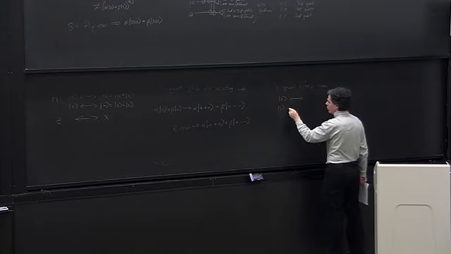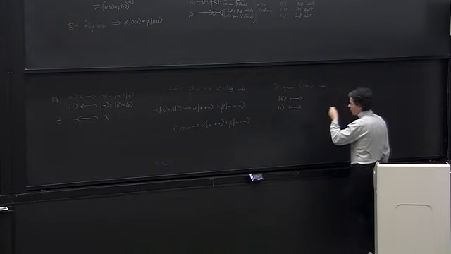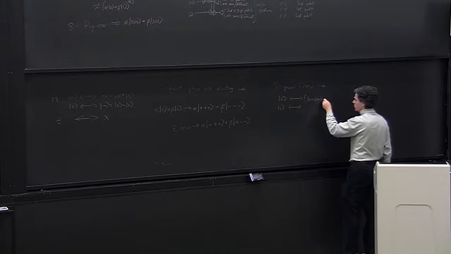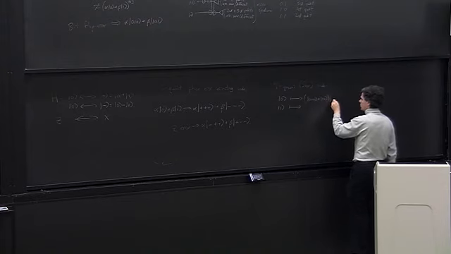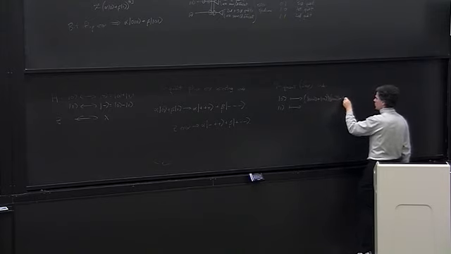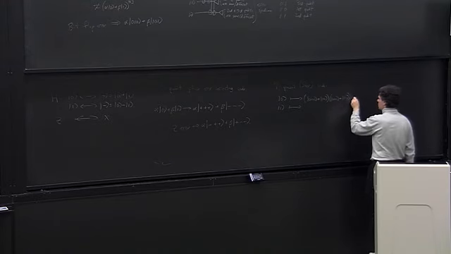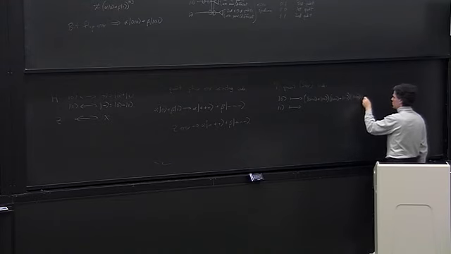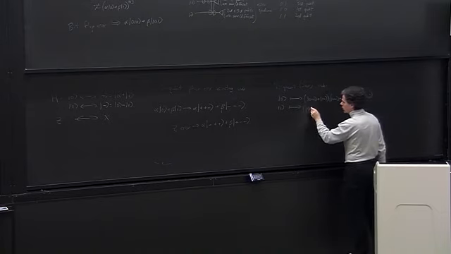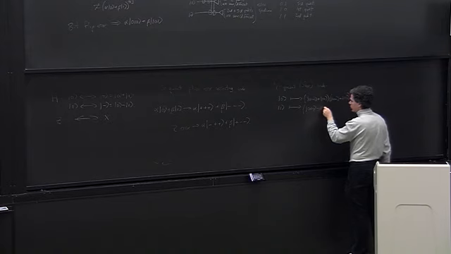Well, it encodes 0 as 3 copies of 0,0,0 plus 1,1,1. And then 1 as 3 copies of 0,0,0 minus 1,1,1.